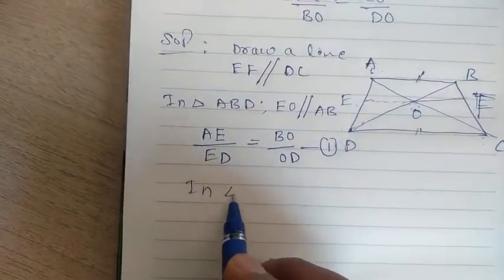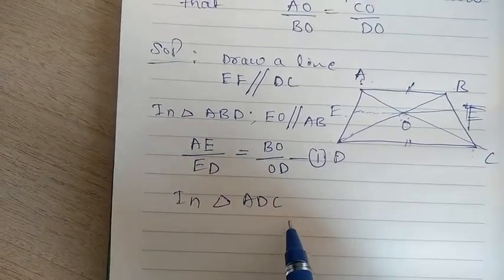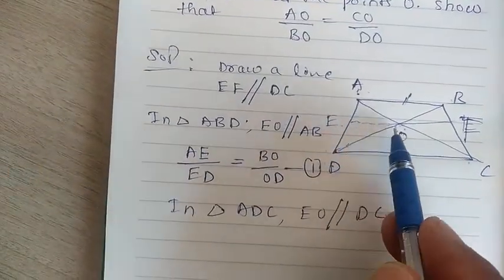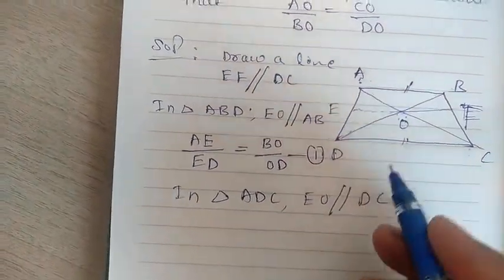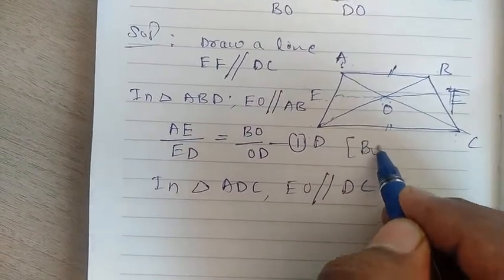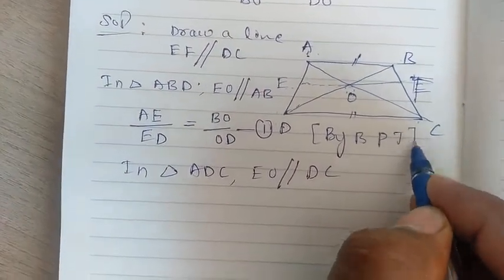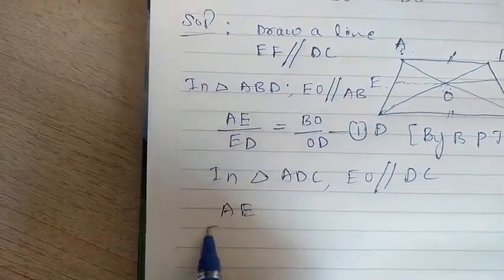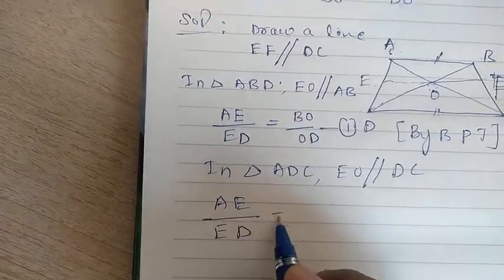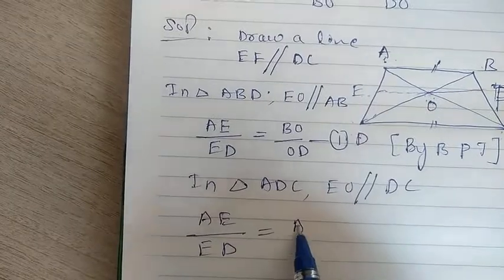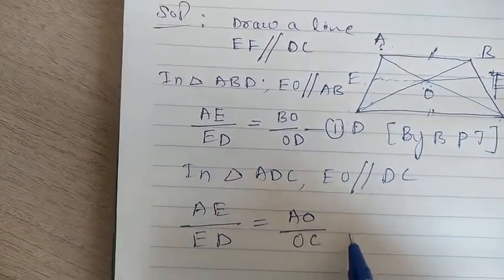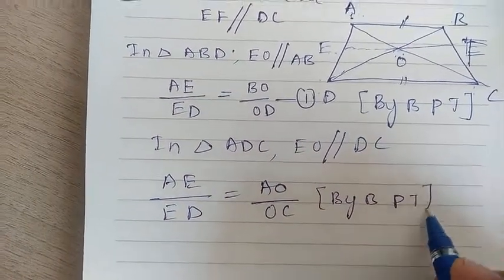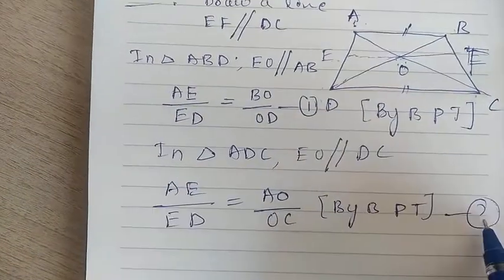So you can write, by the basic proportionality theorem, AE divided by ED is equal to AO divided by OC. Why? By basic proportionality theorem. This is equation 2. Correct?